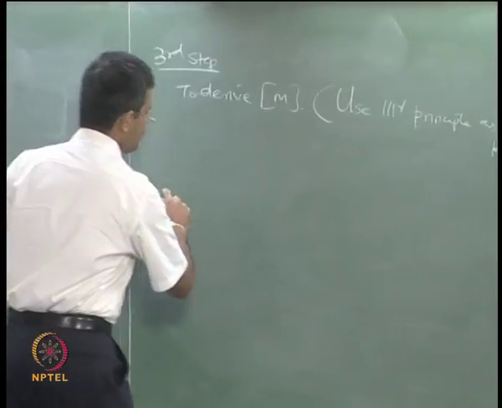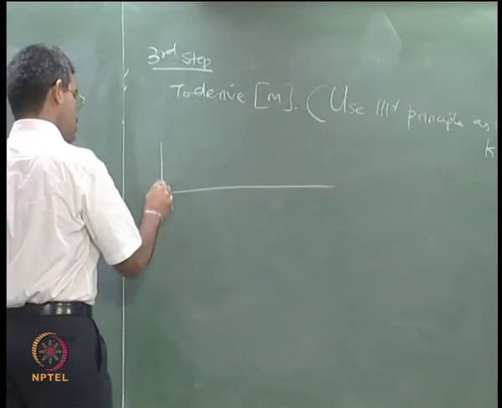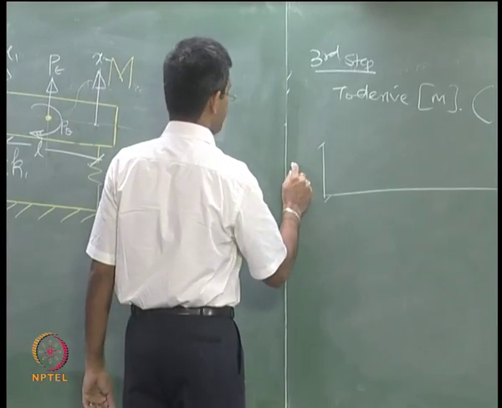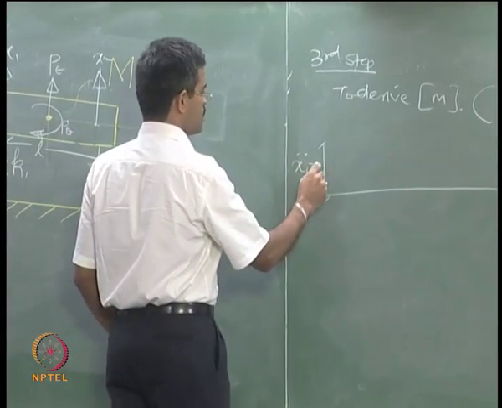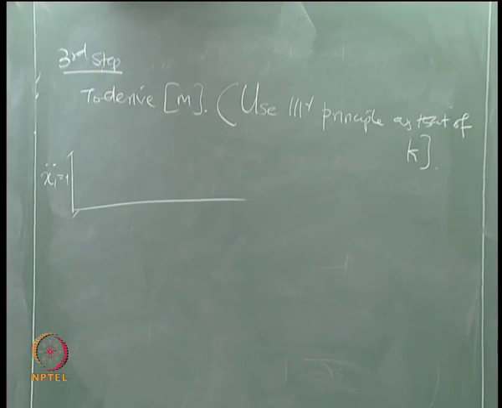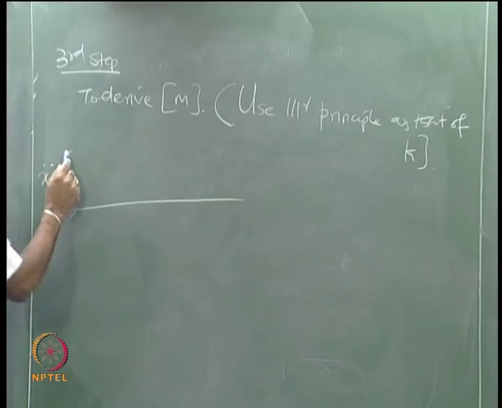So I will give unit acceleration. Let's say x1 double dot as unity, and set this to 0.